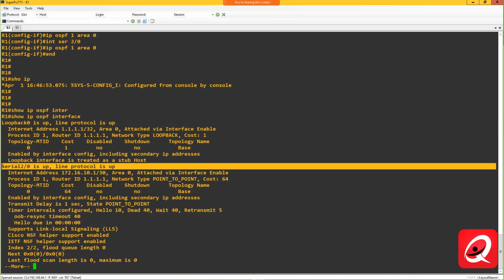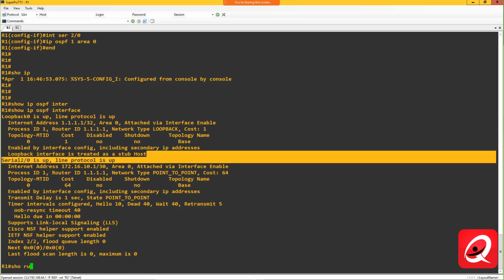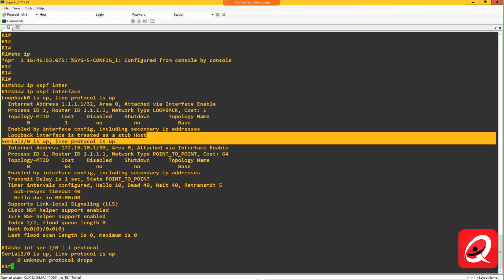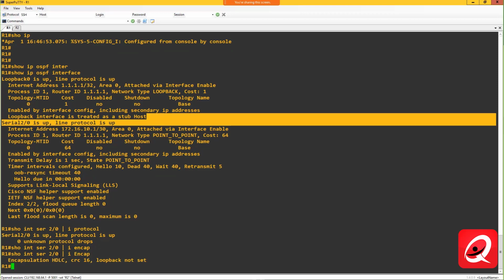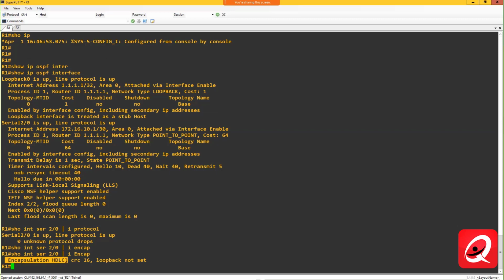For the serial 2/0 interface, if I do a show interface serial 2/0, pipe include encap, there we go. Encapsulation on the interface is HDLC, which is one of those point-to-point protocols.